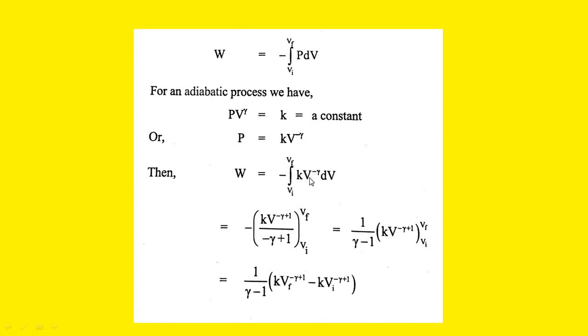And the integration will give V raised to minus gamma plus 1 by minus gamma plus 1, limits Vi to Vf, as constant K is here. 1 by gamma minus 1 is constant. Again, K V raised to minus gamma plus 1, Vi to Vf. That means 1 by gamma minus 1 K Vf raised to minus gamma plus 1 minus K Vi raised to minus gamma plus 1.